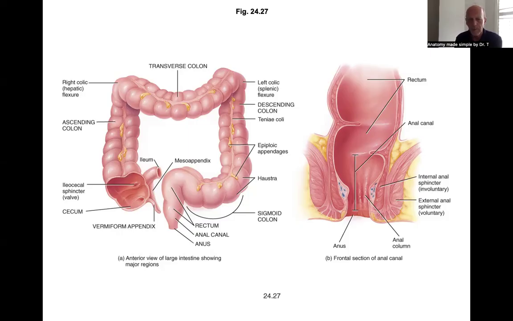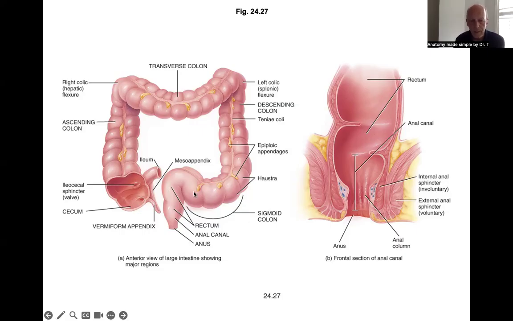retroperitoneal structure. As the descending colon descends down towards left side of the false pelvis, basically it is forming a section that looks like the letter S that is called the sigmoid colon, as the sigmoid colon practically brings the large intestine back into midline.